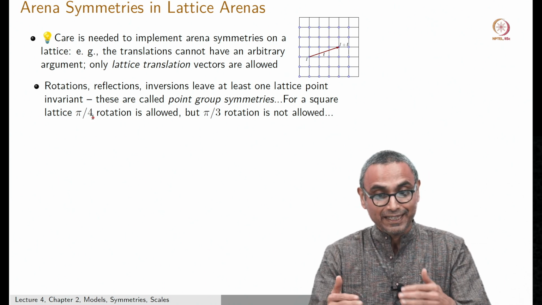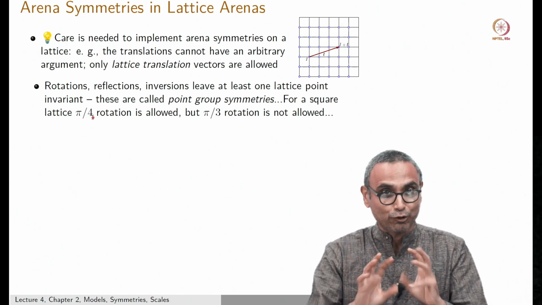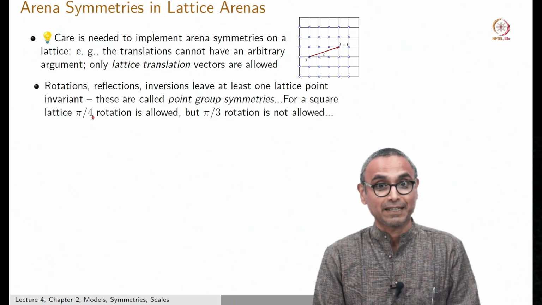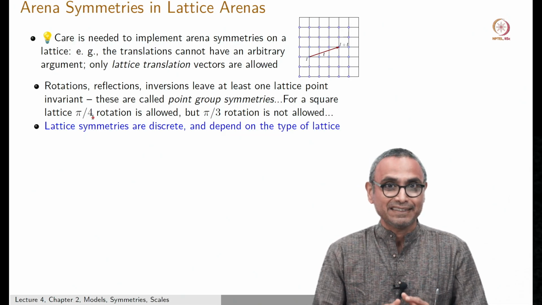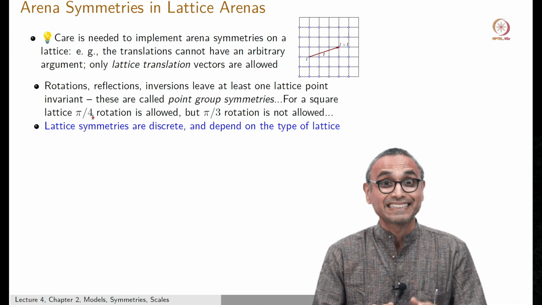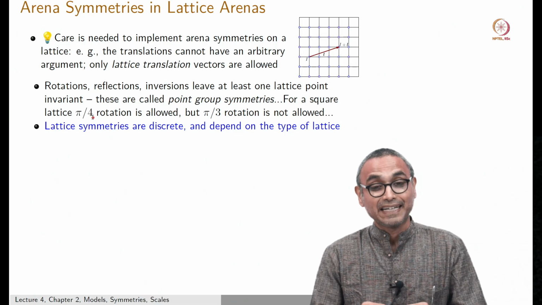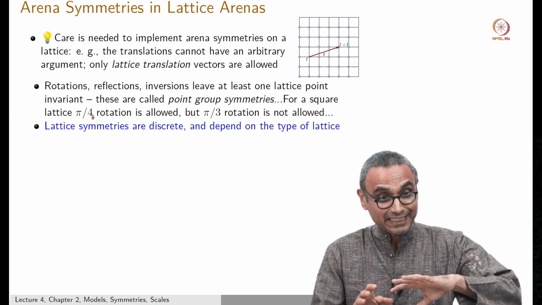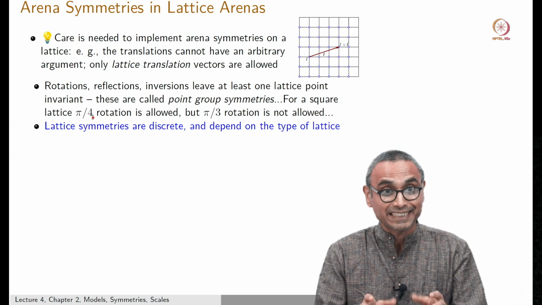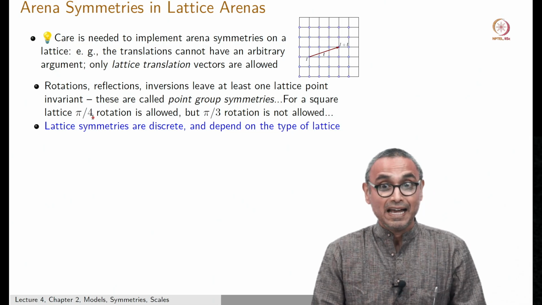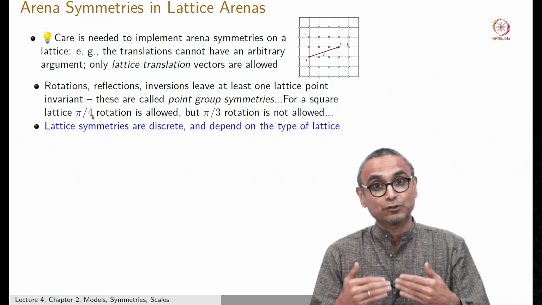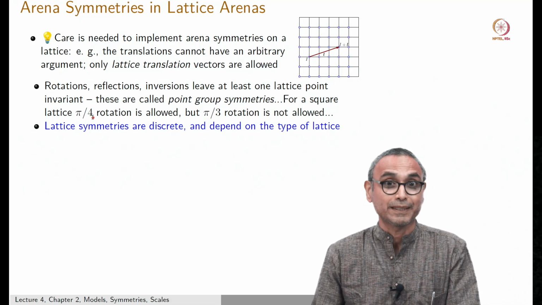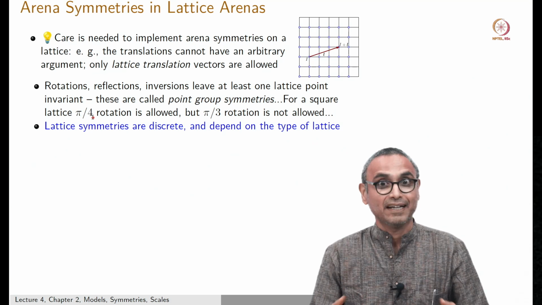You can only do a limited set of transformations. So lattice symmetries are discrete in the sense that you cannot do them continuously; they are constrained by the structure of the lattice, and the symmetries themselves will depend on the type of lattice. For example, the square lattice symmetries will be different from the triangular lattice symmetries, and so on.